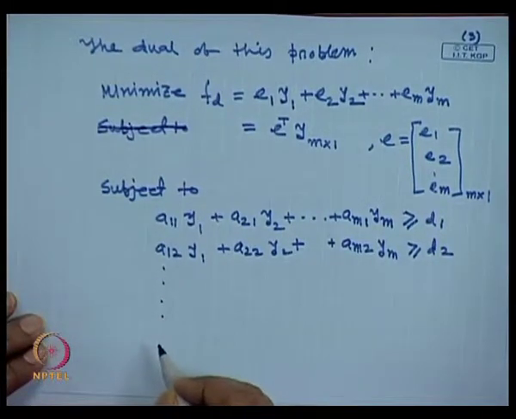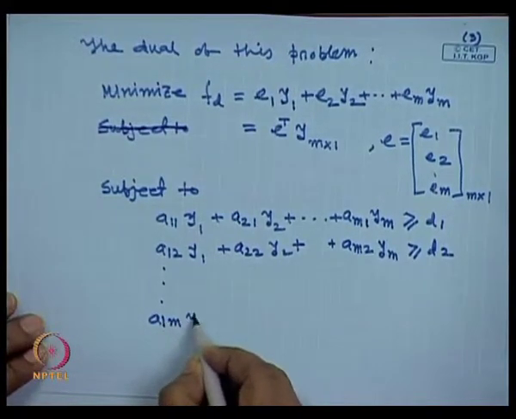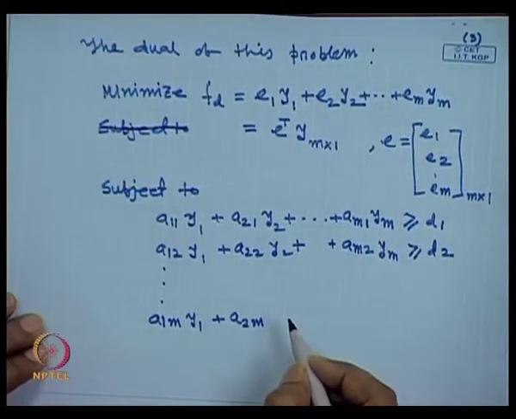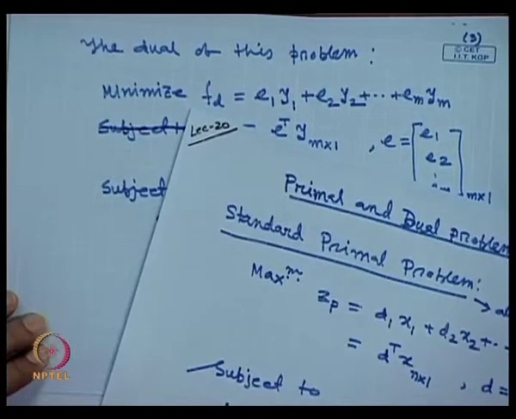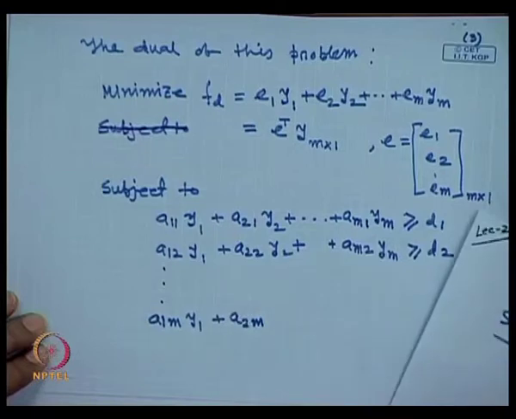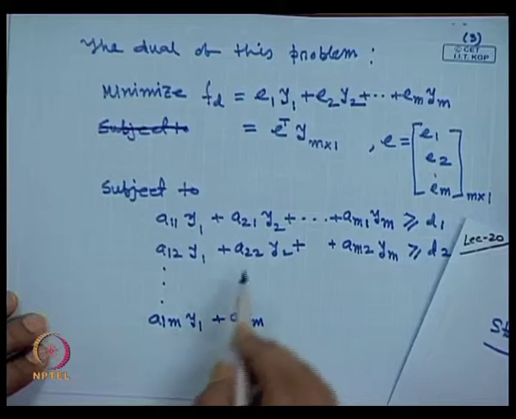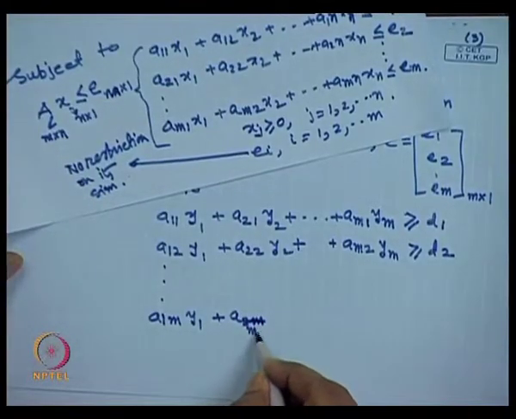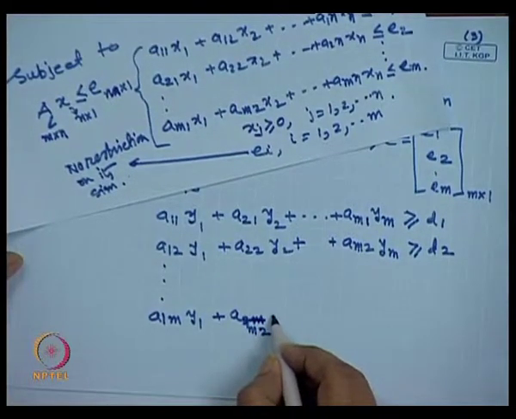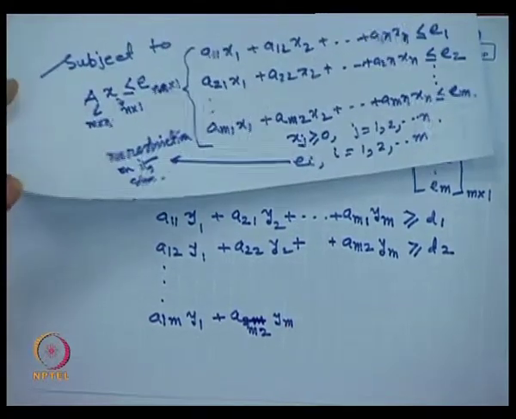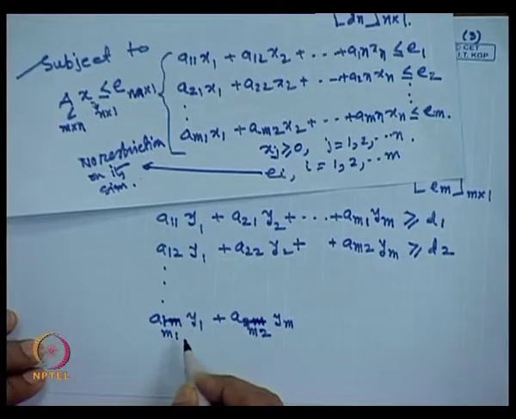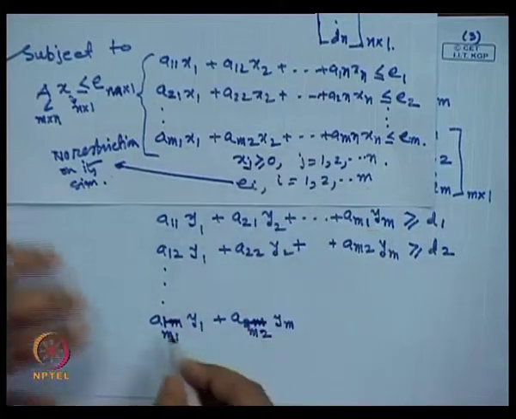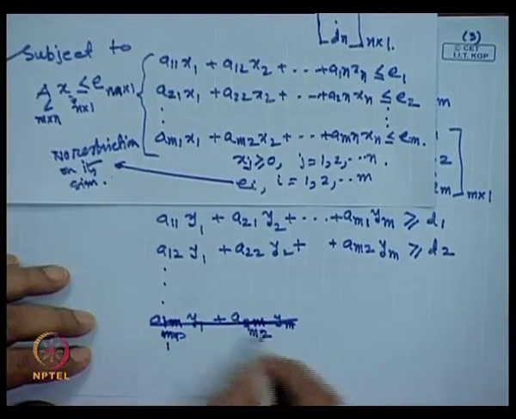If you continue this way, the last one, how many equations will there be?